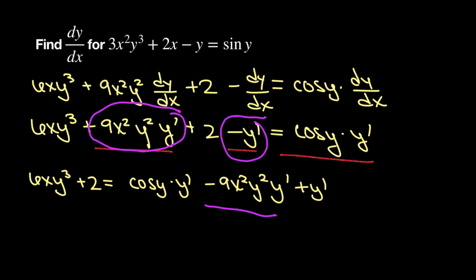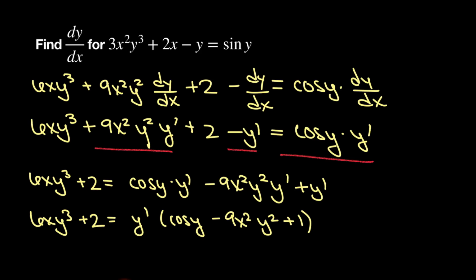And then I'm going to take my minus y prime, add it to both sides to move it over. So now I'm just left with 6xy to the third plus 2 equals cosine y prime minus 9x squared y prime plus y prime.